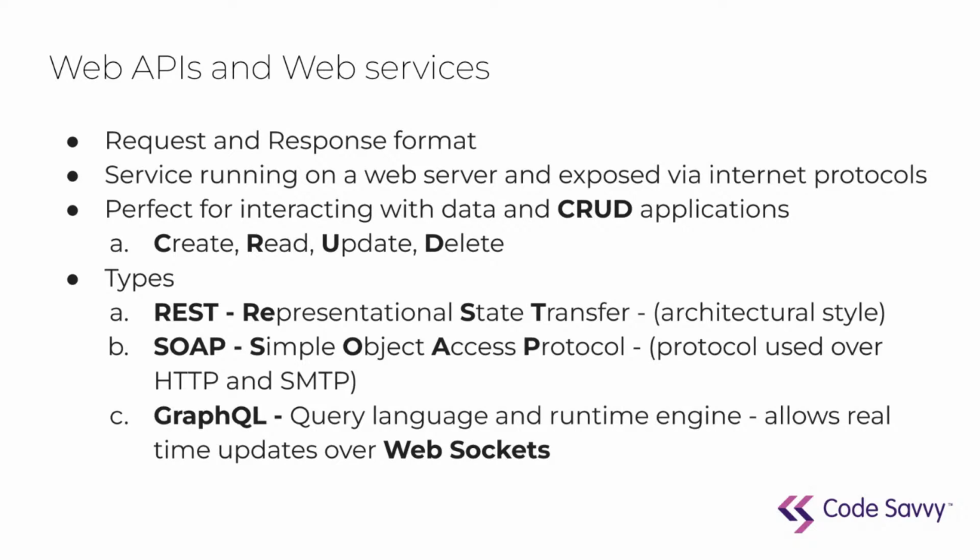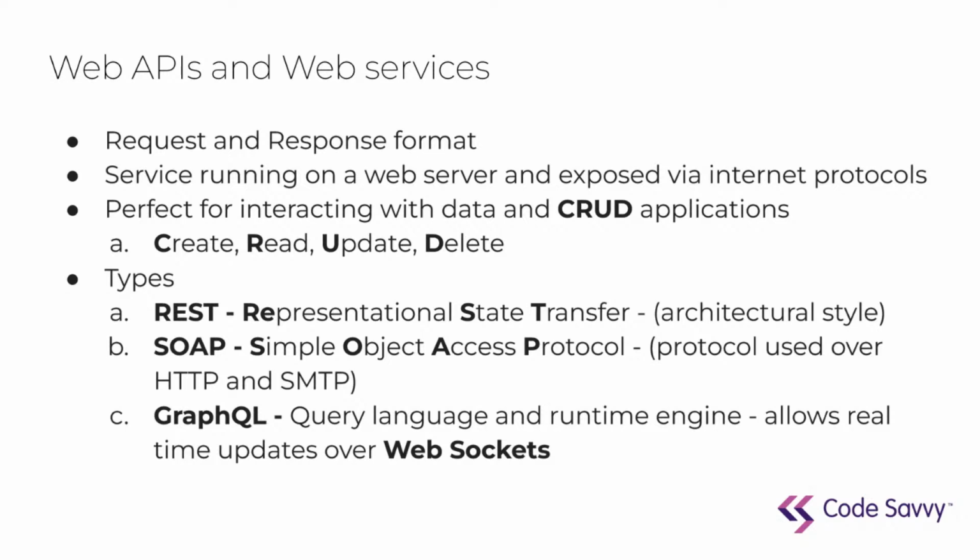Basically any web app that we use, think Instagram: I want to upload a new picture, I'm going to create one. I want to view my friends' reels, that's read. I want to update one of my pictures and tag a friend, or maybe my friend tagged me and I'm not looking very cute in that picture, I want them to delete it.